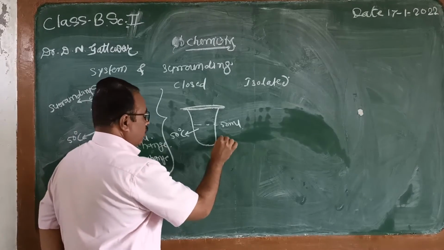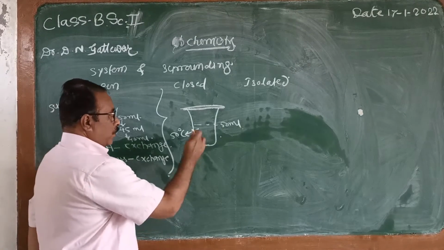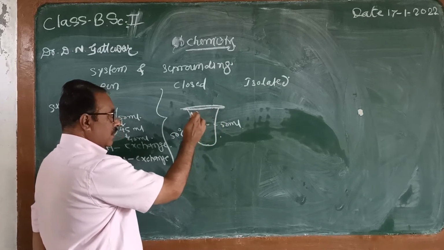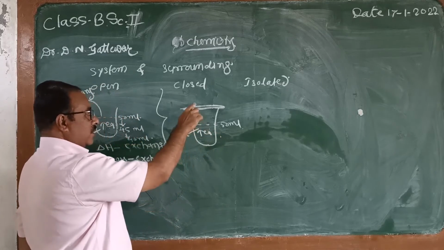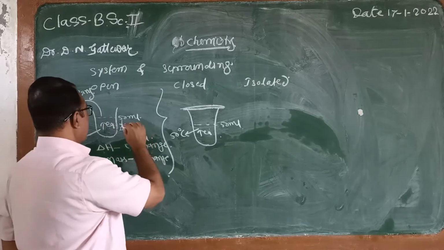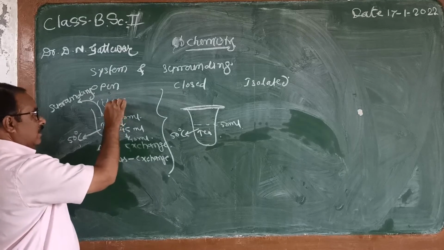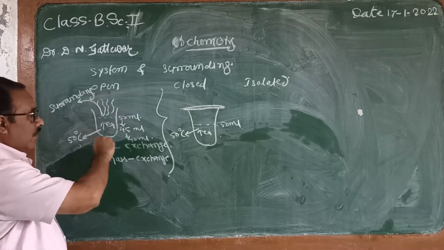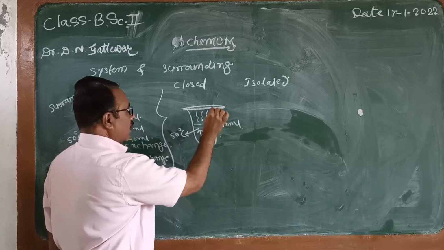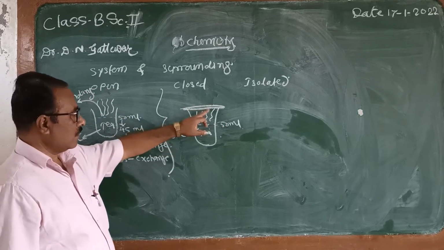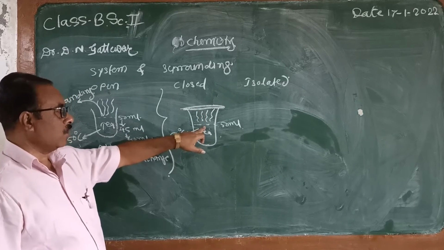Then after 10-15 minutes, what will be our observation? Because we cover the teapot here, the mass will not be exchanged with the surroundings. Whatever vapors are released will touch the surface of the lid, and again they will condense and be added back to the tea here.